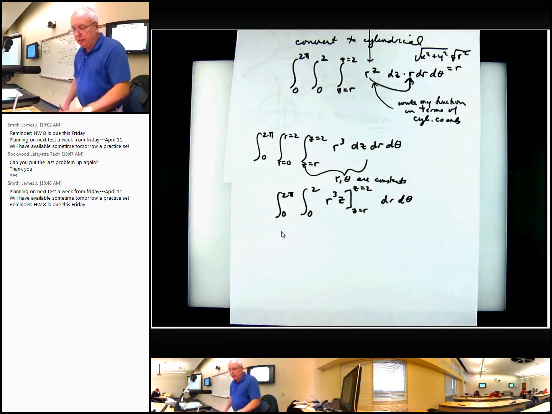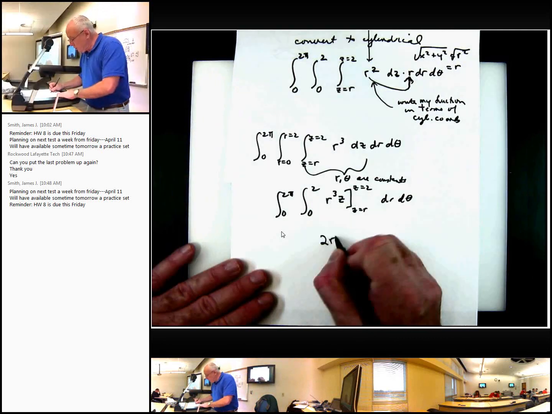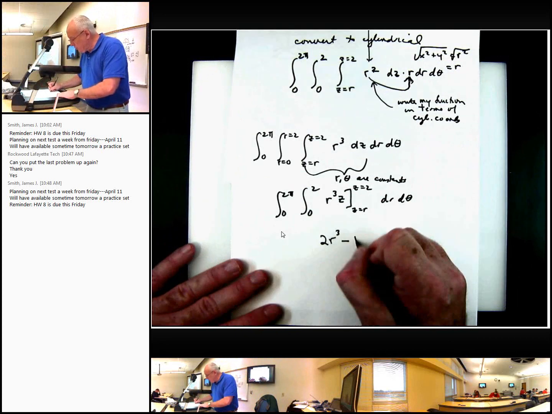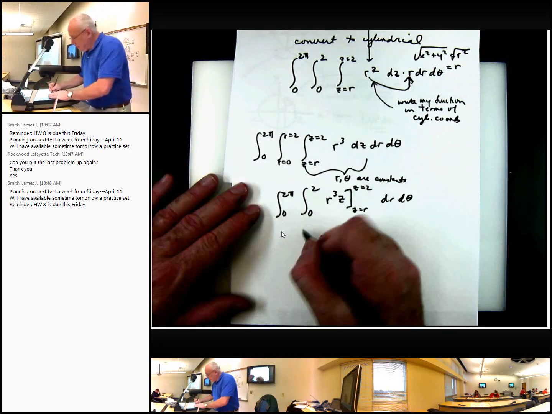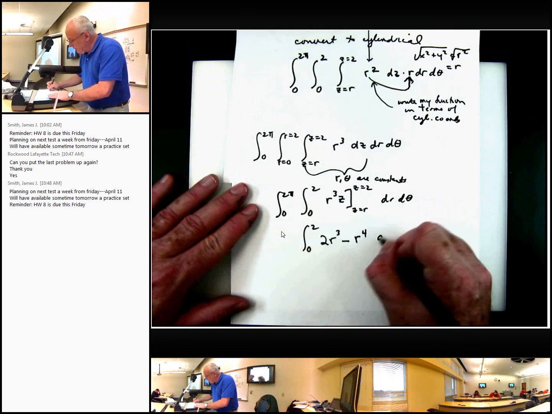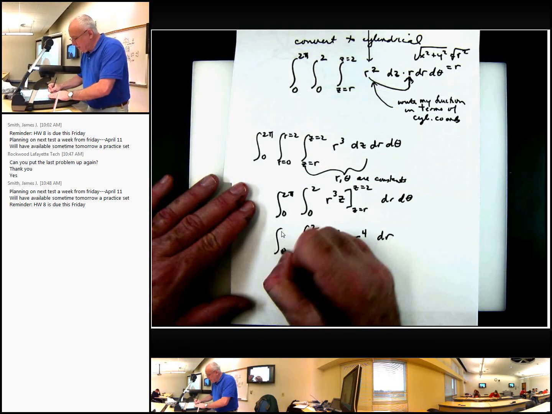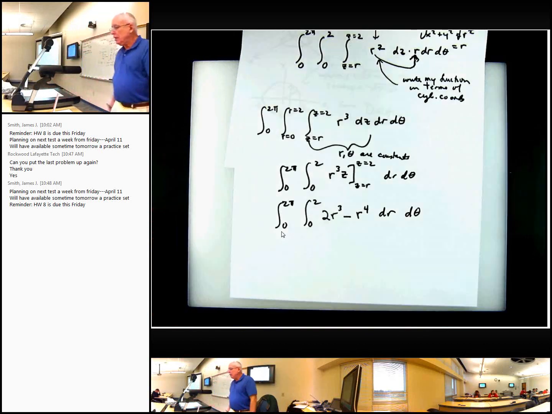And let's plug in the values here. We get 2 times r to the third minus r times r to the third, so that's r to the fourth. So that is what I'm going to integrate now with respect to r from 0 to 2, and then theta from 0 to 2 pi.